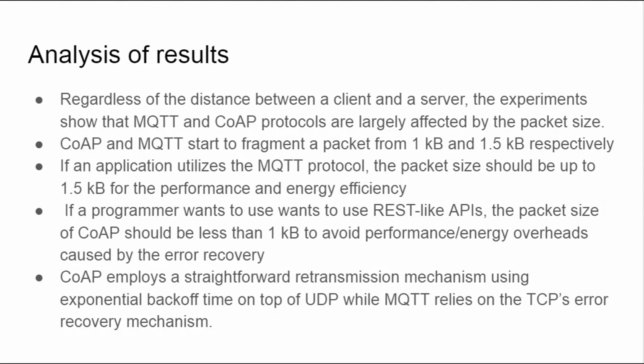If an application utilizes MQTT protocol, the packet size should be up to 1.5 kilobytes for performance and energy efficiency. If a programmer wants to use REST-like APIs, the packet size of CoAP should be less than 1 kilobyte to avoid performance or energy overheads caused by error recovery.